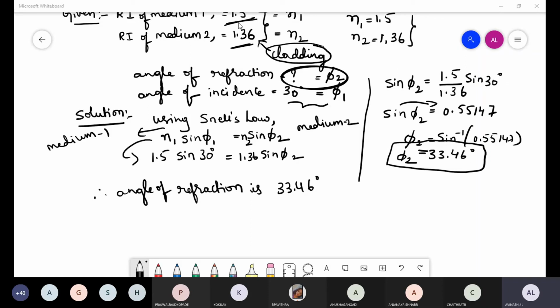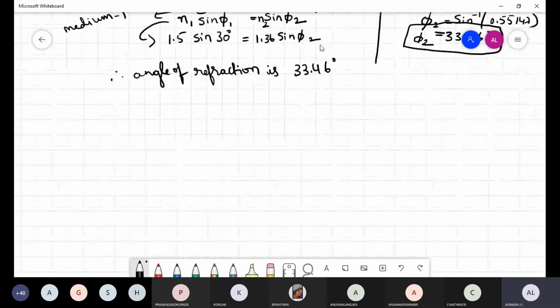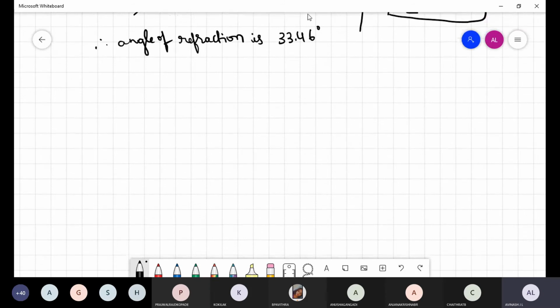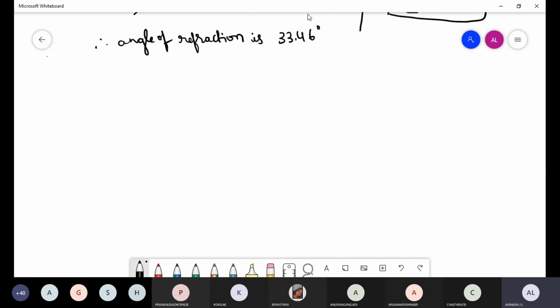Okay. So now, after this particular numerical, we'll go to the second numerical. I'll write the question here only. The numerical number second. So write the question with me only.